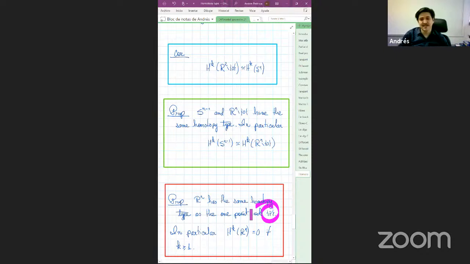Now for this, let's just put something on the table. I don't know if we discussed this at the beginning, but a finite collection of points is a smooth manifold of dimension 0. Okay?